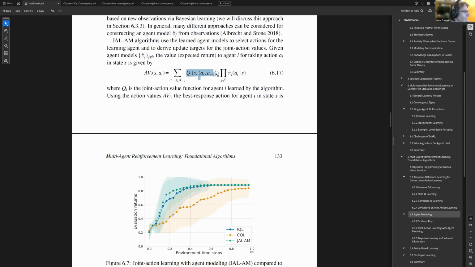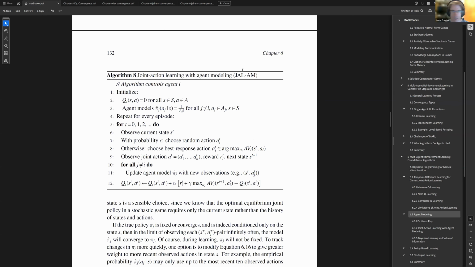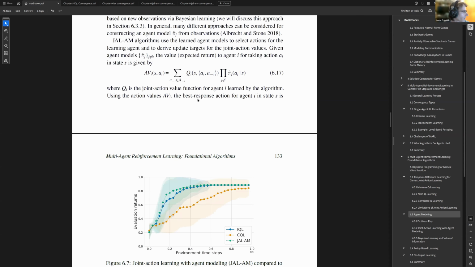Here, these inputs each have a distinct value because it's a tabular problem. But it's the same exact idea, where there's this action value function, and we're computing the action values using the joint action value function and the model of the other agents, to produce a single action value function just for one agent.